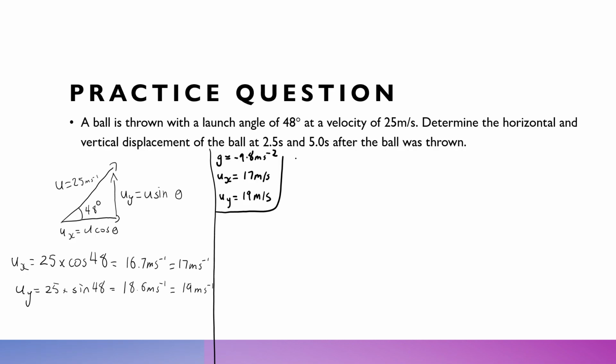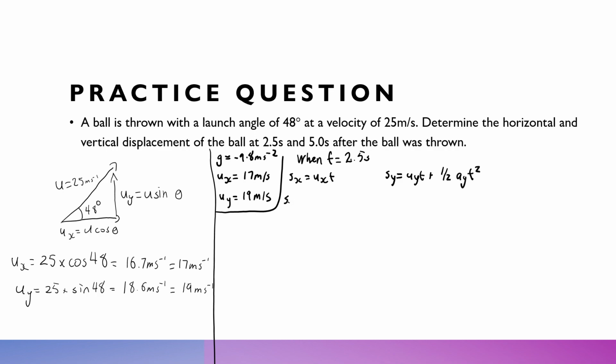So first off, I want to do some calculations for when t is equal to 2.5 seconds. So the two core formulas that we're going to apply are that Sx is equal to uxt and that Sy is equal to uyt plus half ayt squared.